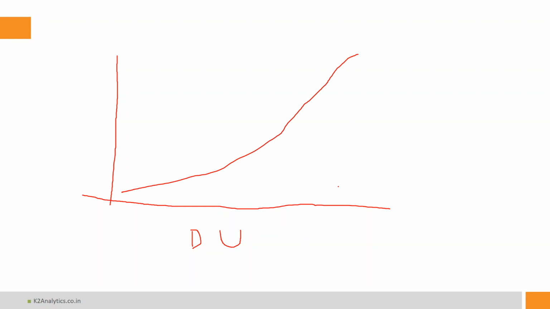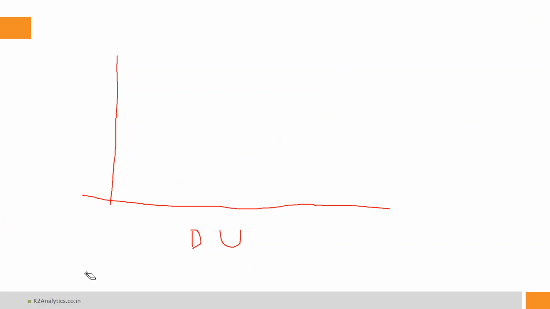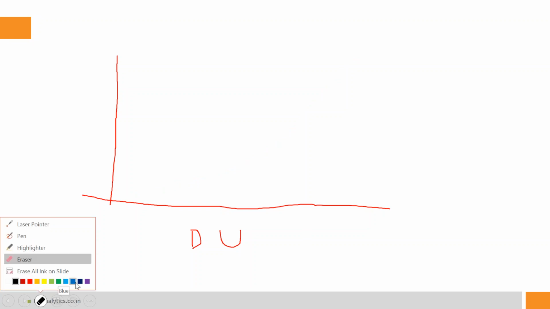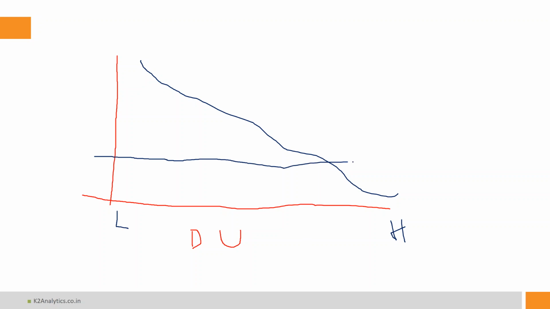Sorry, this trend is not like this. Say this trend is something like this, where this is high data usage, this is low data usage, and this represents the average line. This average line is at 5%.